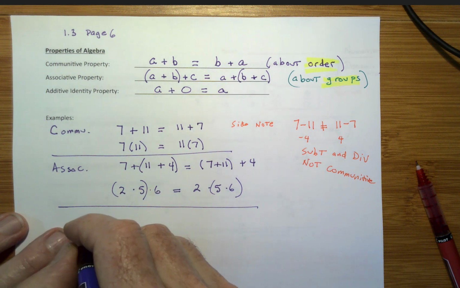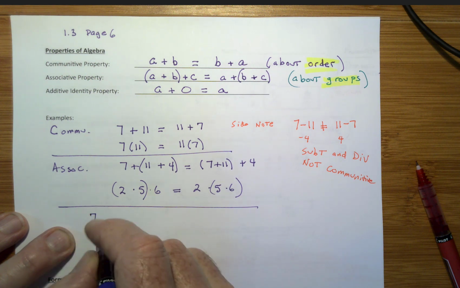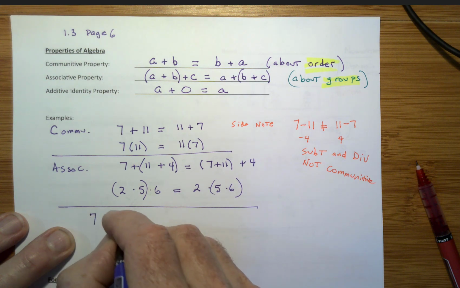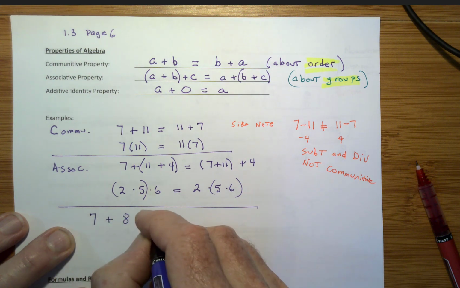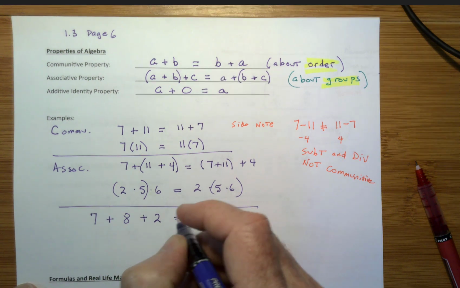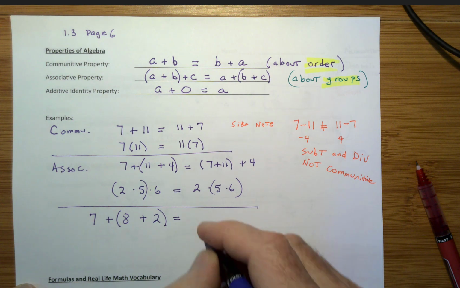Here's a tricky one. 7, I keep using 7. Plus 8 plus 2. Now I'm going to group 8 plus 2.